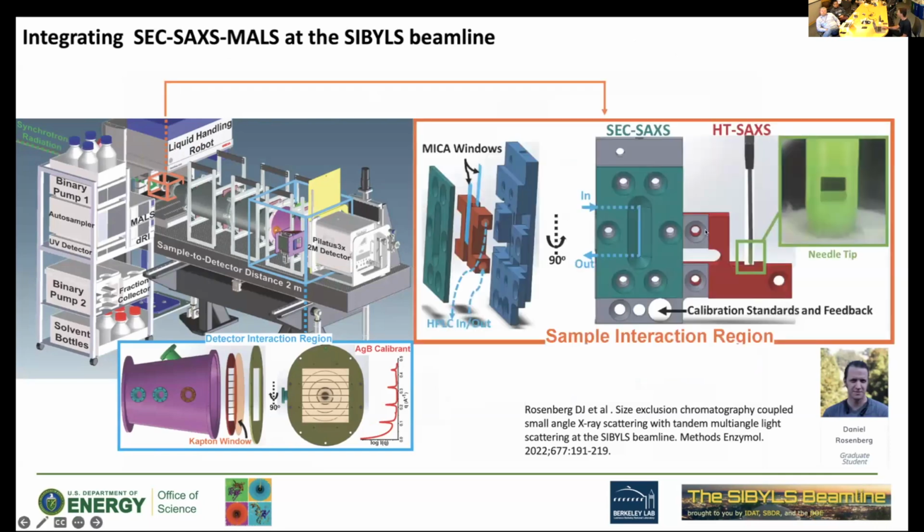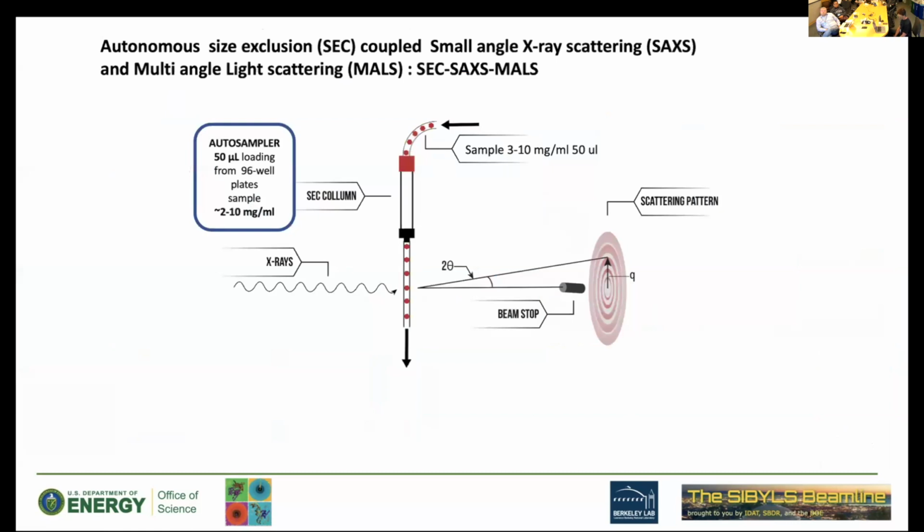But at the same time, we have a sample flow cell for our SEC-SAXS, where after the purification and the multi-element scattering, the protein goes through the flow cell, and we can collect the SAXS as well. I give credit to Daniel, who was instrumental in really developing this in the last 3 years.